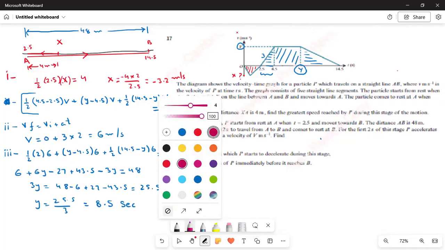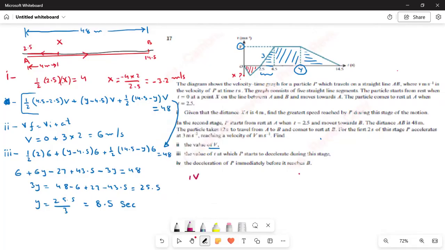And for the final part, the fourth part, the deceleration of P immediately before it reaches B. So deceleration for this part. I will use the same equation, this one. I rearrange it, so acceleration is Vf minus Vi over t. The final speed is 0. Initial speed was 6, right?